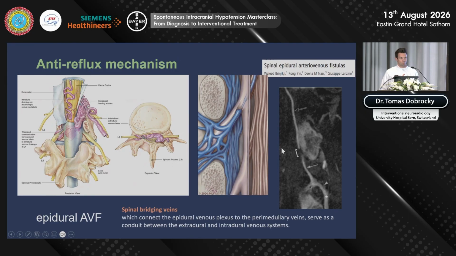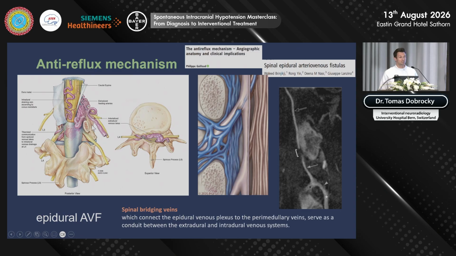So when looking at anatomical books and literature, what we can see is that the veins around the epidural plexus have a typical anti-reflux mechanism, where when the vein enters the intradural compartment, there is a compression of the vein through the dura, and usually this prevents, for example, epidural fistulas refluxing into the intrathecal compartment.